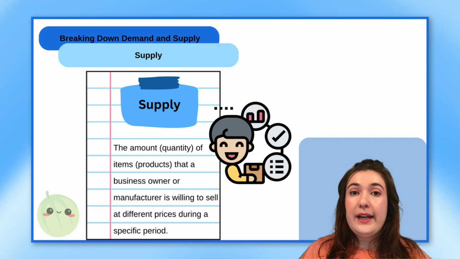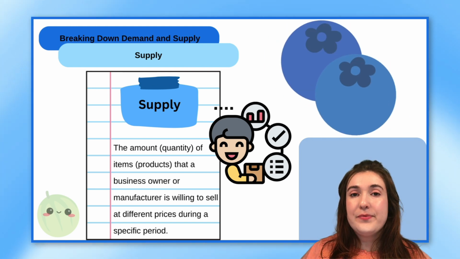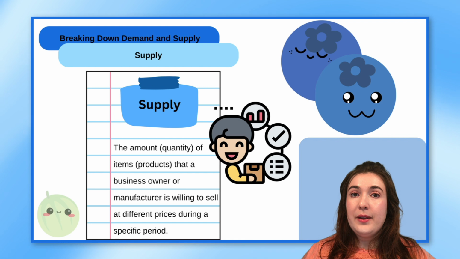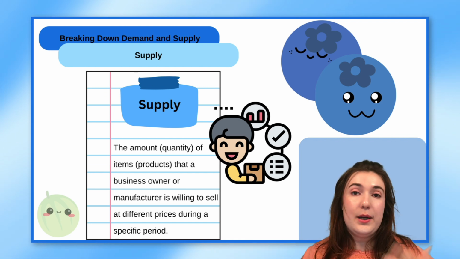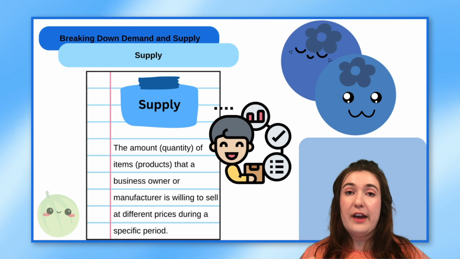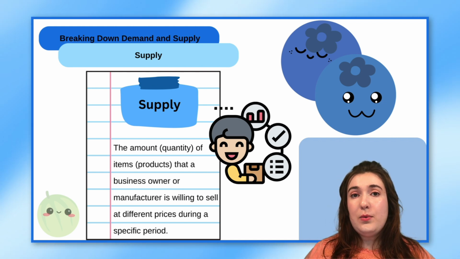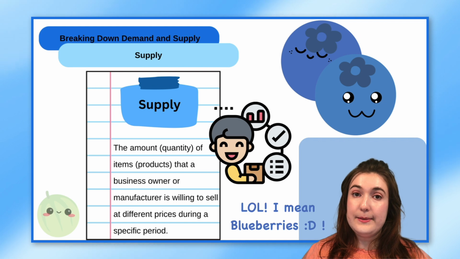Let's say that we are a blueberry farmer. And as a blueberry farmer, we've got this thing called price and quantity that we are working with, these two factors. Quantity-wise, let's say we can produce roughly 10,000 blueberries within a year.